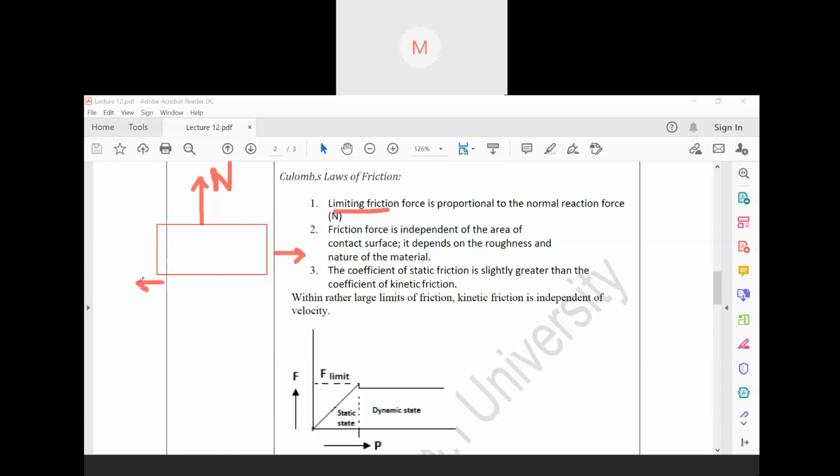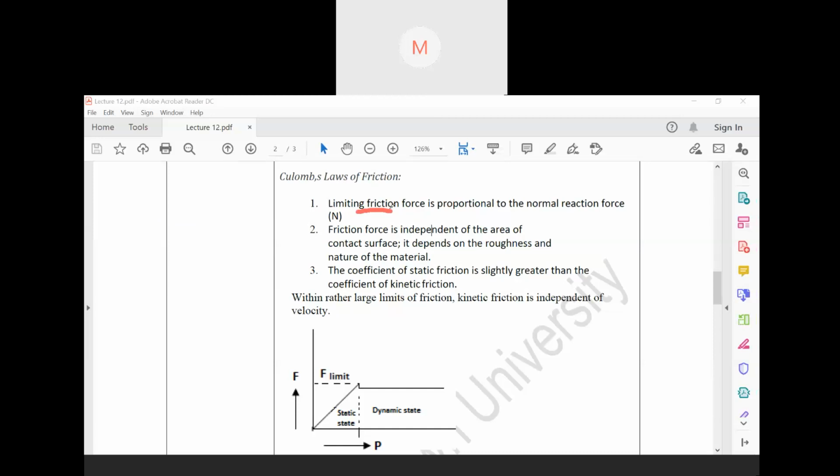So here it will be the limiting friction force, and this one is the normal reaction, and this one is the main F which is applied. Now these are the statements of Coulomb's law. The first is that limiting friction force is proportional to the normal reaction force.